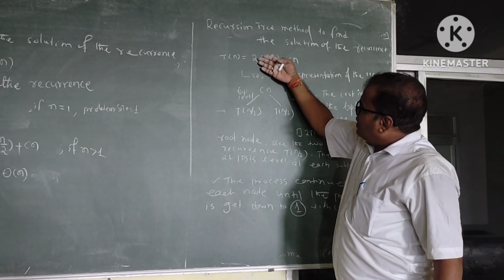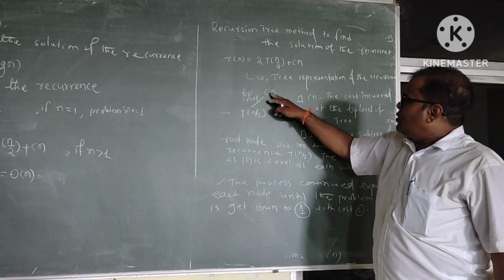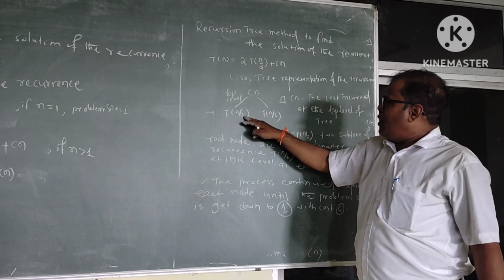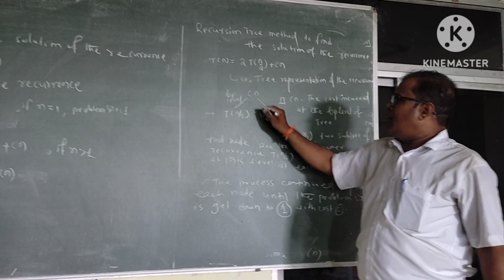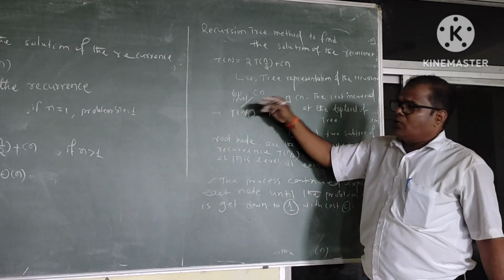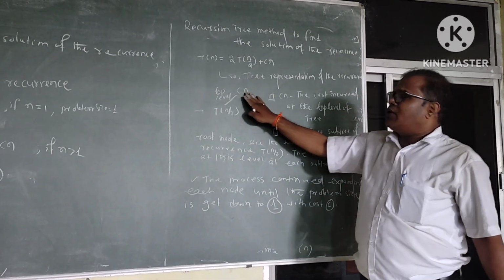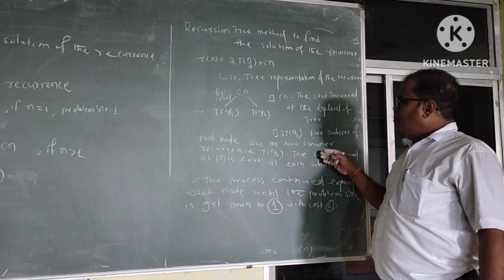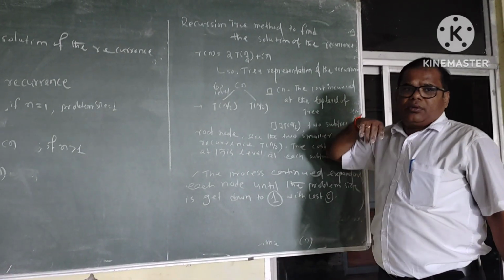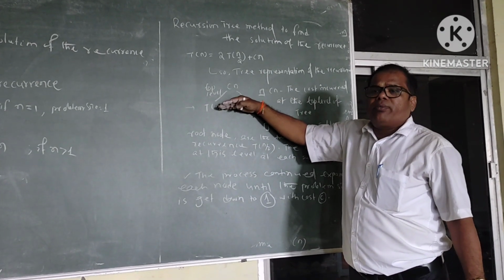If you see the tree representation of this particular recurrence equation, you can write cn at the root node, and there will be two subtrees, T n by 2 and T n by 2. Let us see what this root node is talking about. cn is the cost incurred at the top level. Then I ask you, what is the cost incurred at the second level? At the root level I got cn, and at the next level what will be the cost?